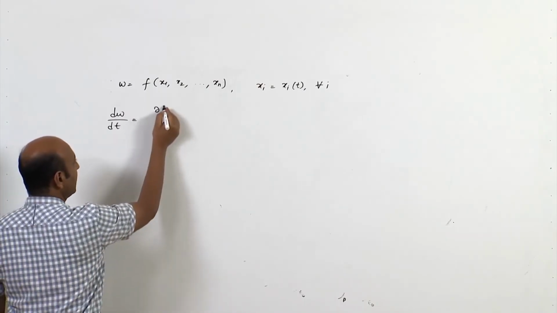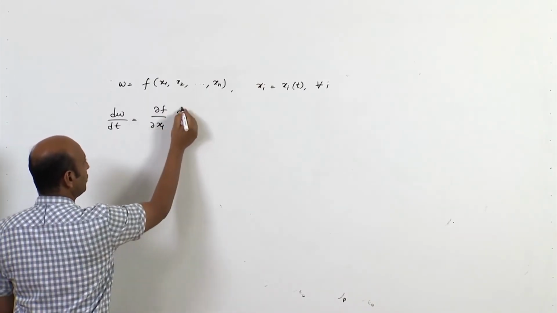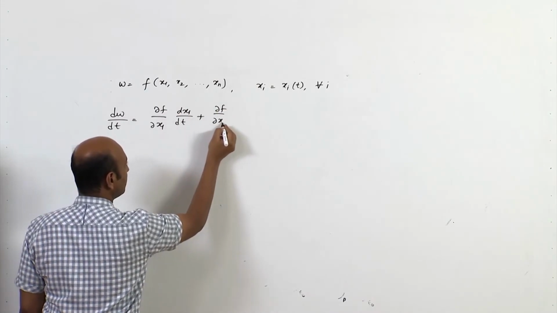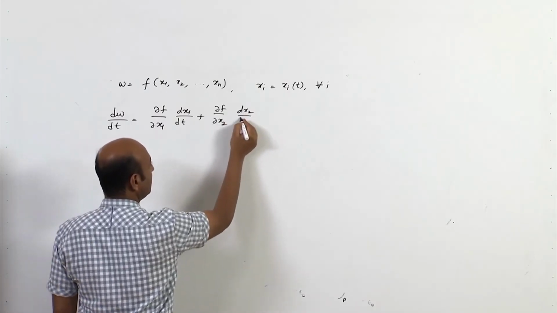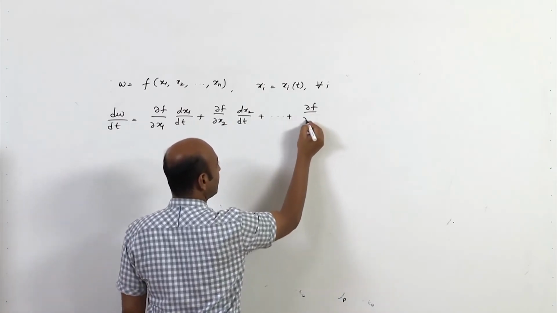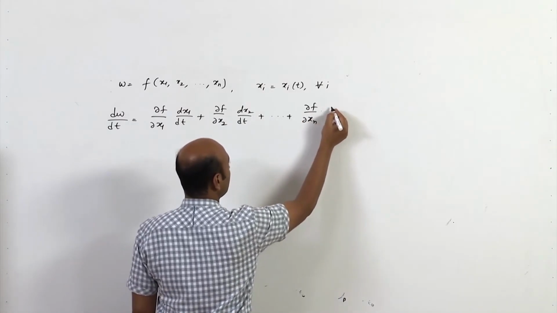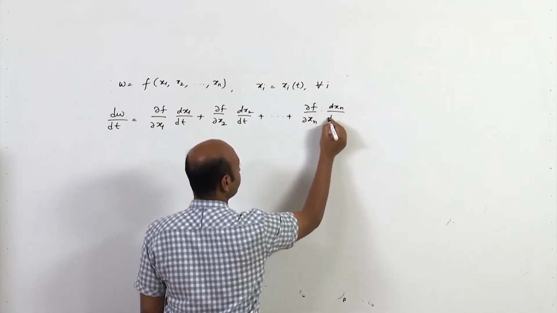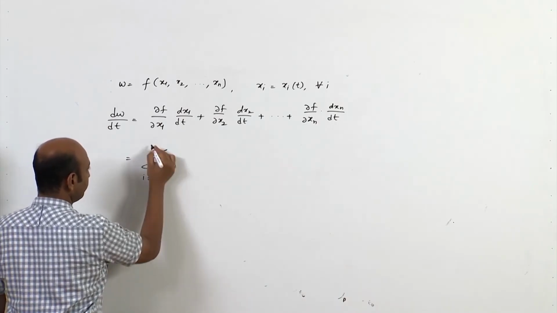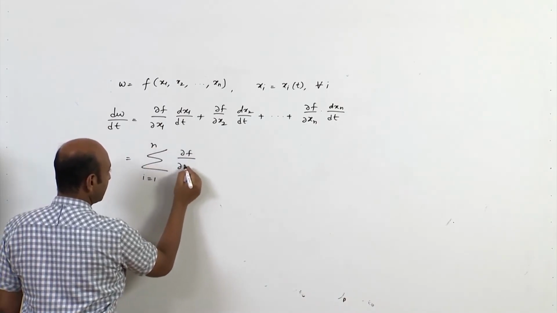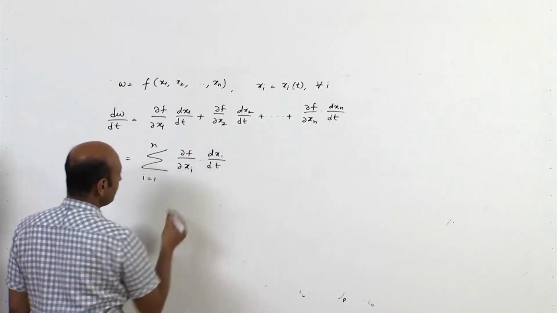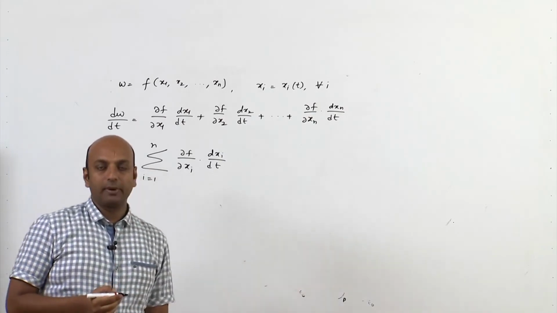This will be del f by del x1 into dx1 by dt plus del f by del x2 into dx2 by dt plus, and so on, plus del f by del xn into dxn by dt. So that is summation i from 1 to n of del f by del xi into dxi by dt. So that is simply dw by dt.